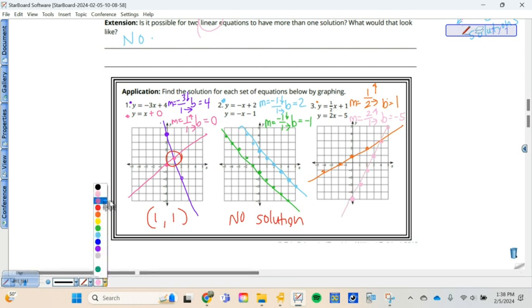Where is that intersection? 3, 4? 3, 4 is up here. 4, 3. Good. X is first and then Y.